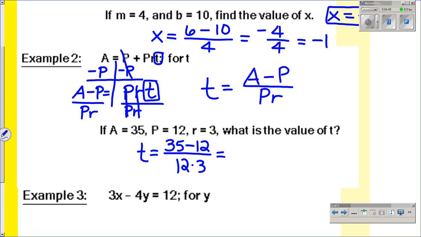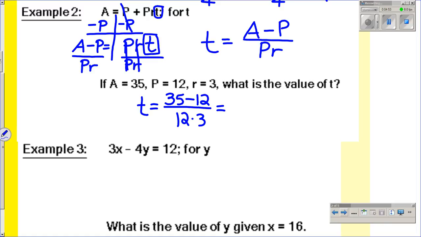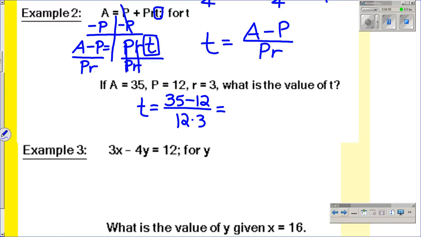Okay, now we're just going to do our math and simplify, so we're going to simplify the numerator, simplify the denominator, and then we'll check to see if we can divide or reduce the fraction. So 35 minus 12, that's going to simplify to 23. And 12 times 3, that's going to simplify to 36.